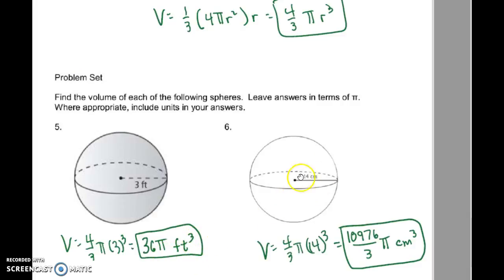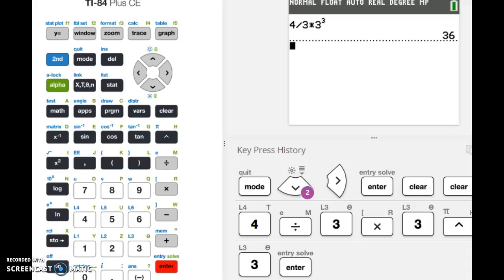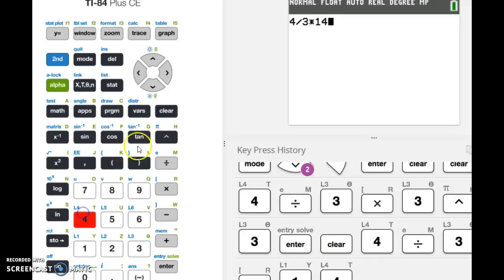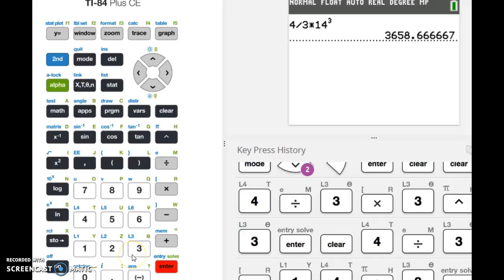A little bit more challenging when we have a 14, and I'm going to show you why when we type this in our calculator. Well, things get a little bit hairy. So I take 4 divided by 3 times 14 to the third. And when I do that, oh man, that's what I get. Okay. Well, I'm going to try and turn that into a fraction because we prefer the fraction as opposed to the decimal, just for sake of ease here.